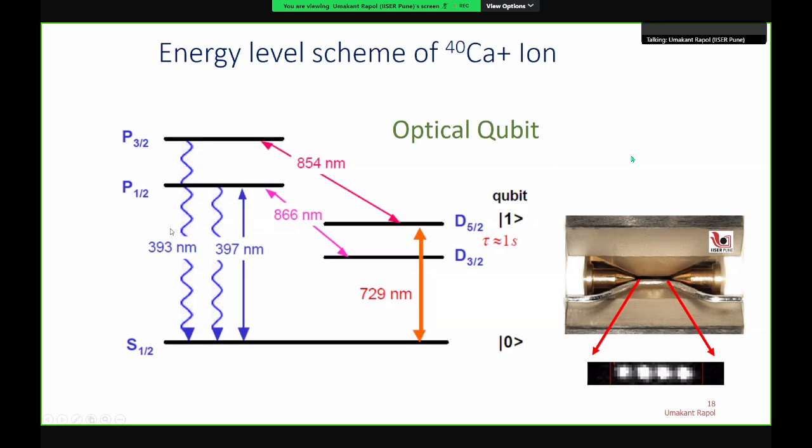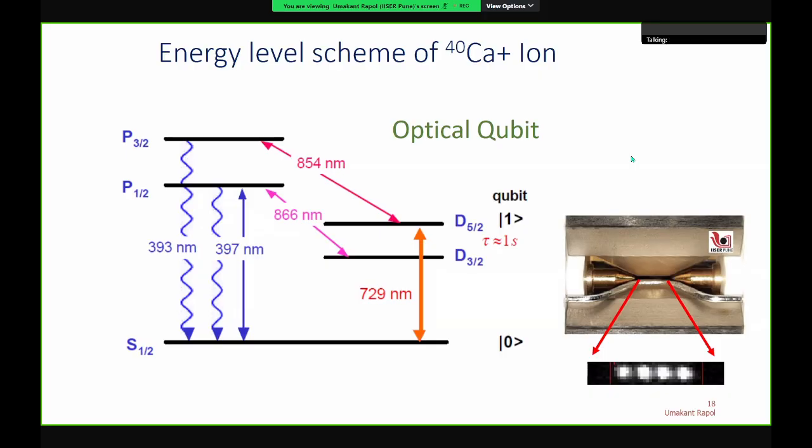So these blue transitions, like the 397 nanometer transition, are used for cooling the ion down to the energy where the kinetic energy is much smaller than the thermal energy, which is much smaller than the Coulomb repulsion between the two ions.